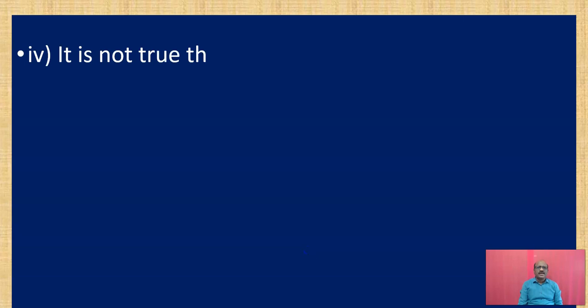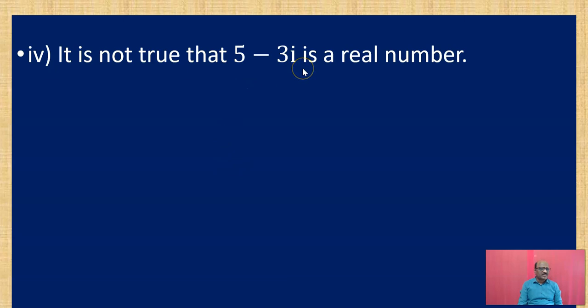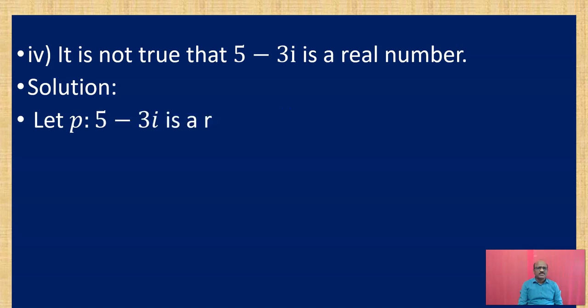Next is the fourth one. It is not true that 5 minus 3i is a real number. Let P be 5 minus 3i is a real number.